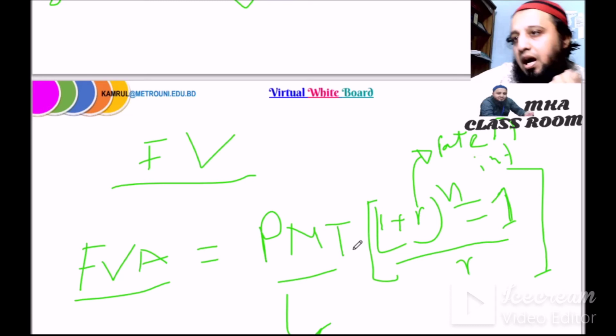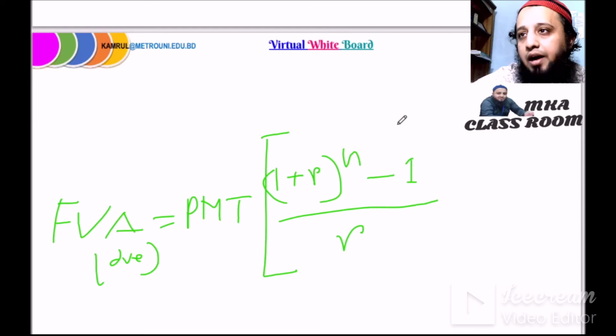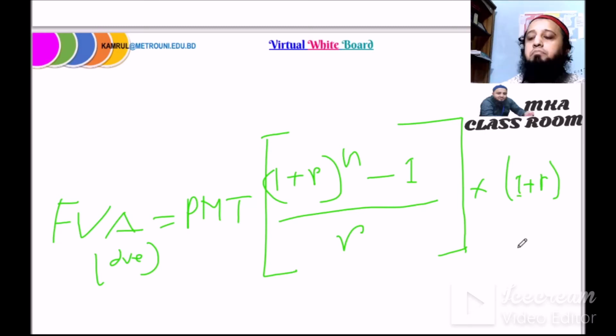FVA due, future value of annuity due, equals PMT into 1 plus R power n minus 1, divided by R, into 1 plus R. We have said that annuity due gets an extra 1 period's compounding and discounting because its payments start at the beginning of the period.